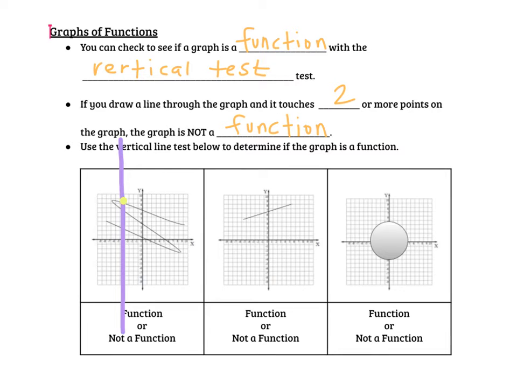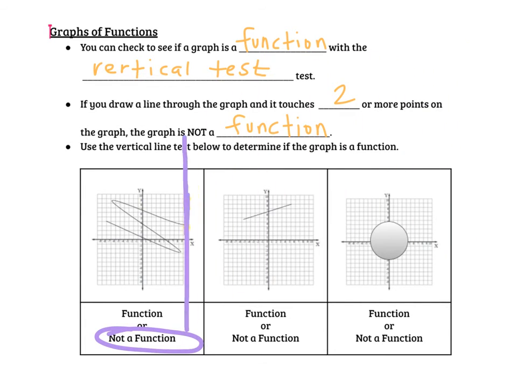It's touching the line here, here, and here. So going back to my original purple line, now I have yellow dots on it, as I move it across, it's going to touch in several places. So this first graph does not pass the vertical line test, so I can go ahead and circle that this is not a function. Every input does not have exactly one output.